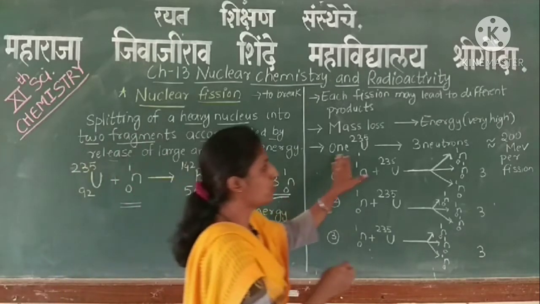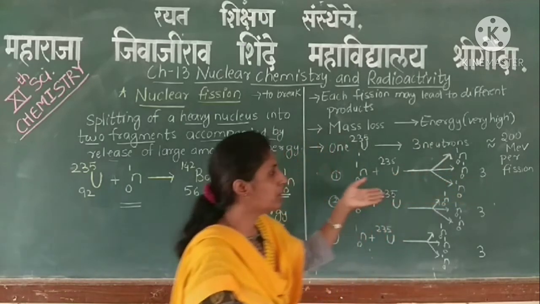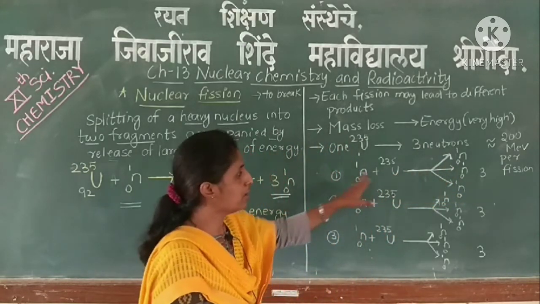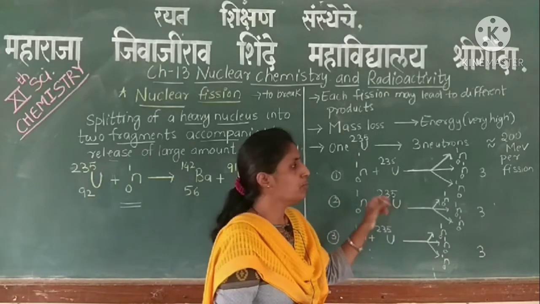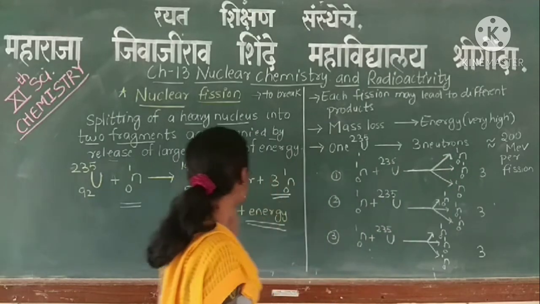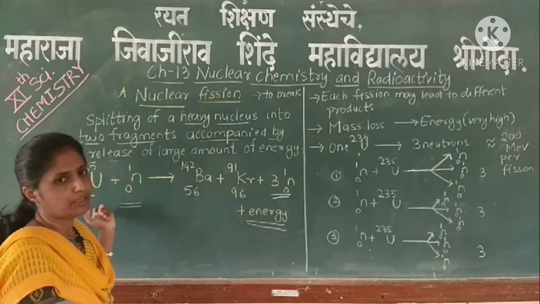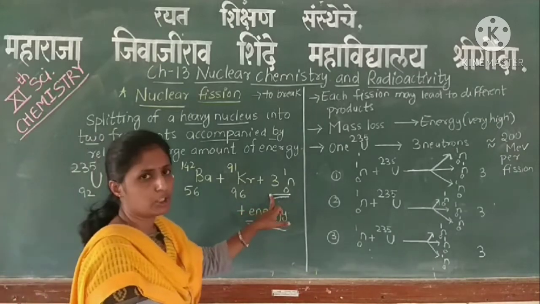These 3 neutrons will again react or bombard another uranium nucleus, producing 3 neutrons each. Suppose this is one uranium nucleus we have taken, we have bombarded with 1 neutron, and we have got 3 neutrons here.